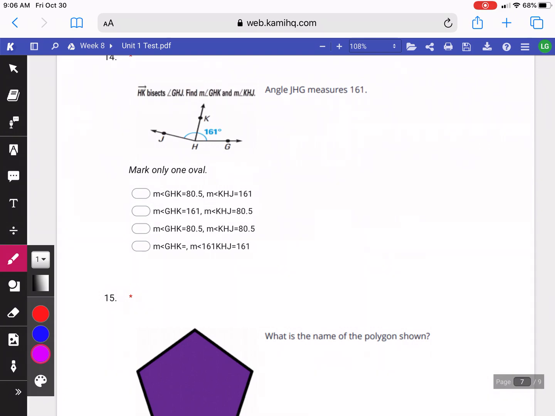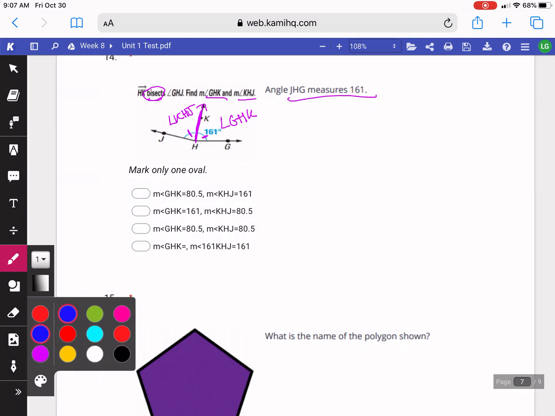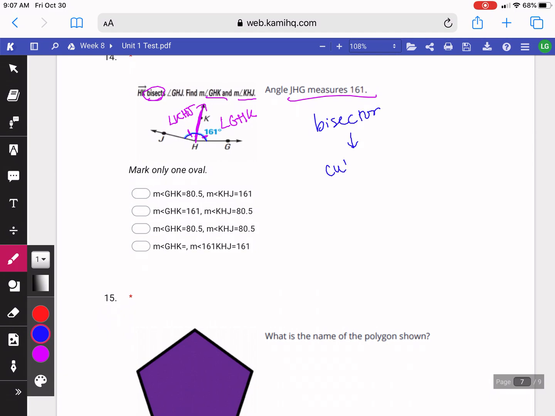This question says HK bisects angle GHJ. So HK is a bisector, which cuts this into two congruent angles. They want us to find the measures of GHK, which would be this angle right here on the right, and KHJ, which is this angle here on the left. They say that the big angle, JHG, measures 161 degrees. An angle bisector literally cuts the angle in half.